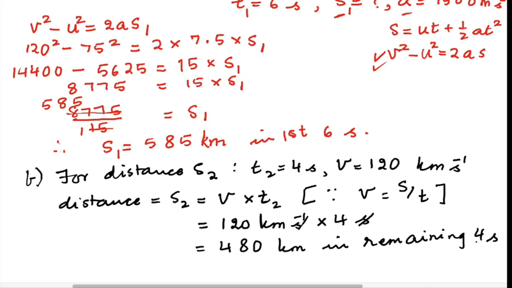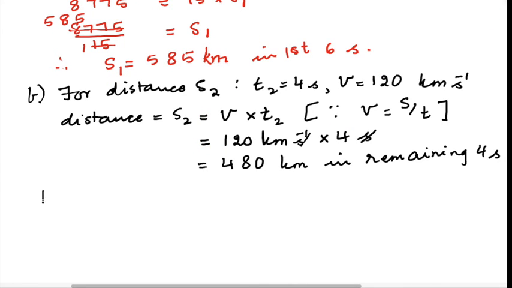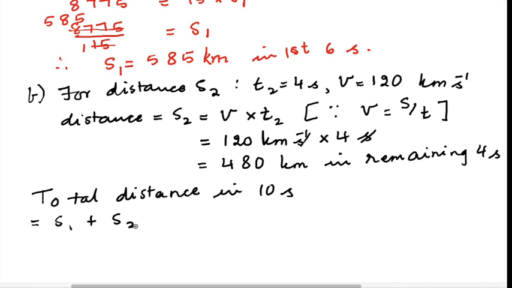Now we have to find the total distance in 10 seconds, which will be S1 plus S2. What is S1? In the first 6 seconds. What is S2? In the remaining 4 seconds.